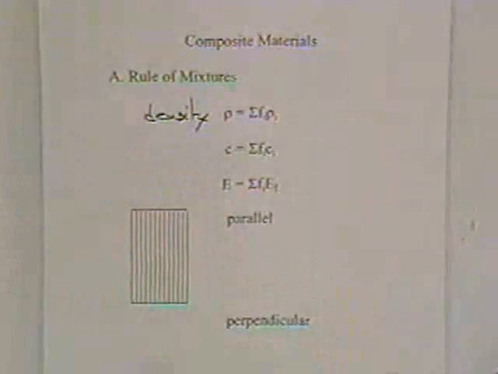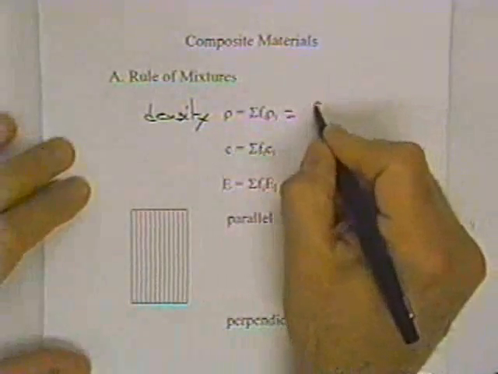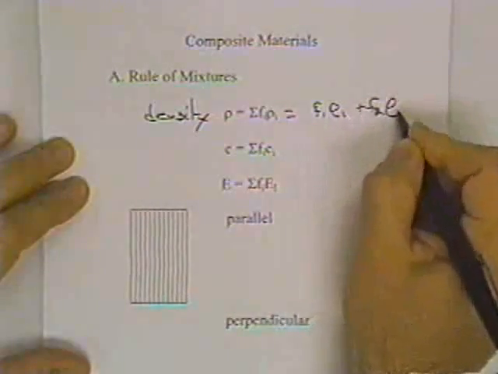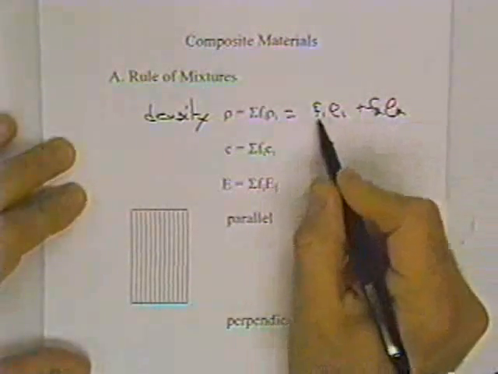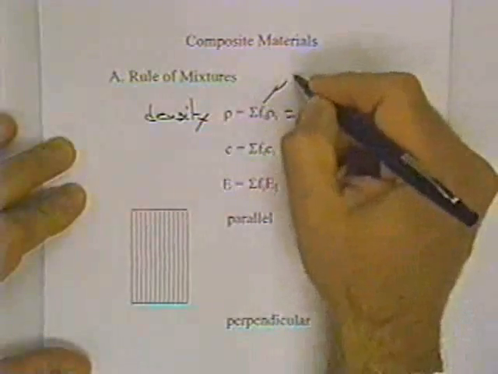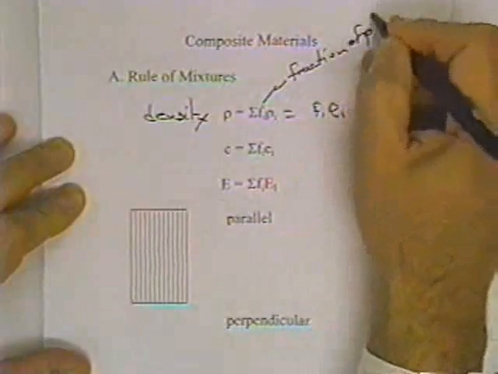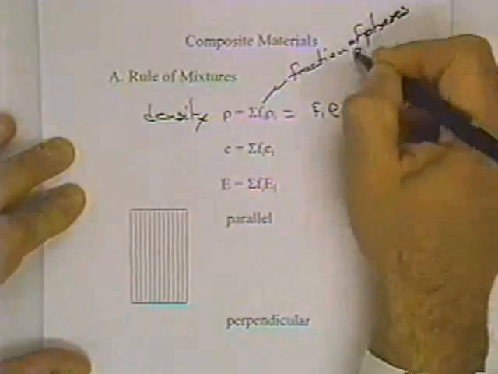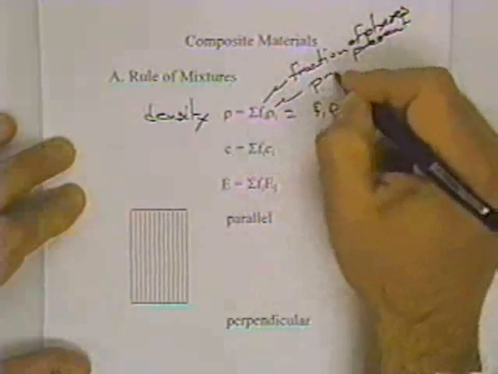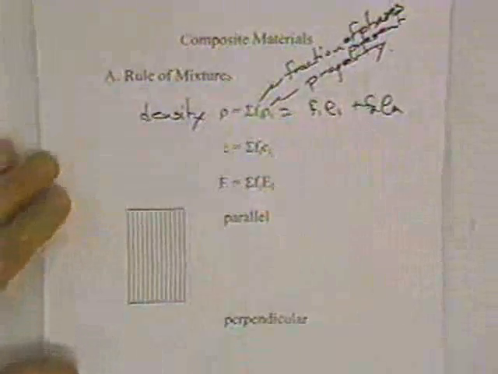If we have two phases that aren't dissolvable in each other, then it would be F1 rho 1 plus F2 rho 2, where the Fi are the fractions of the phases present, and rho i is the property of the phase that's present.